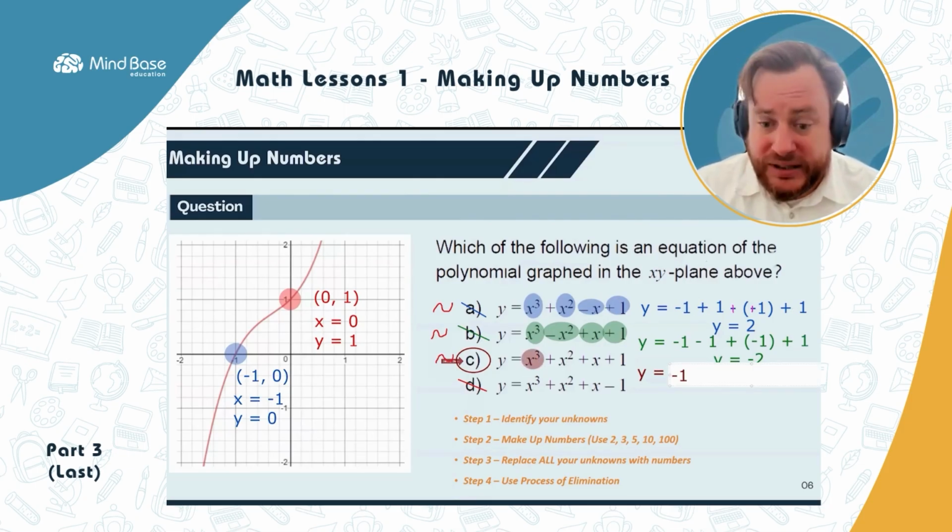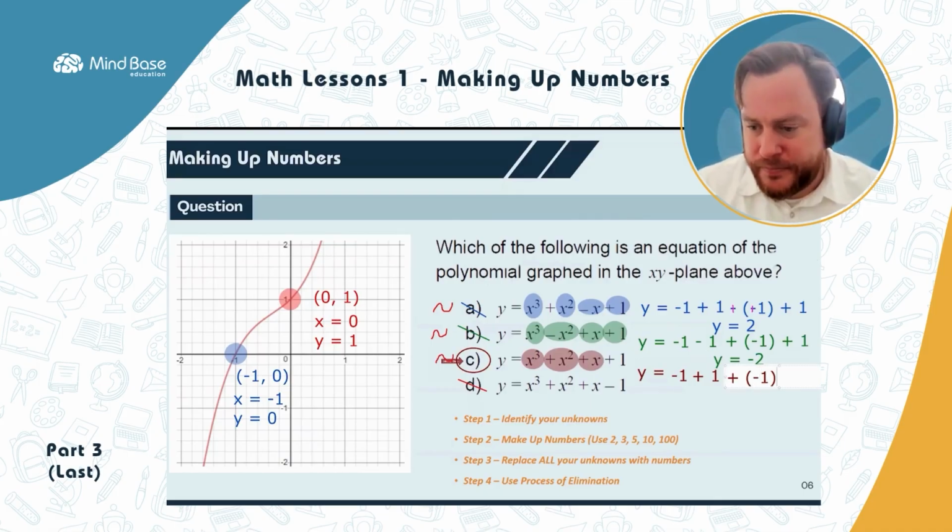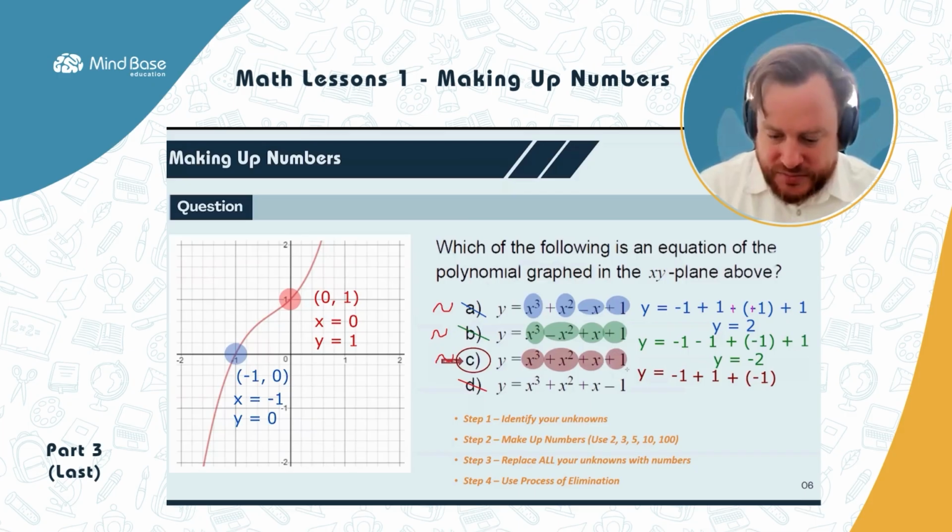Now we have plus x squared, which is going to be +1, like plus +1. Now we have plus x. Now we said our x value is -1. And then we have our constant, +1, so let's just plug that in.